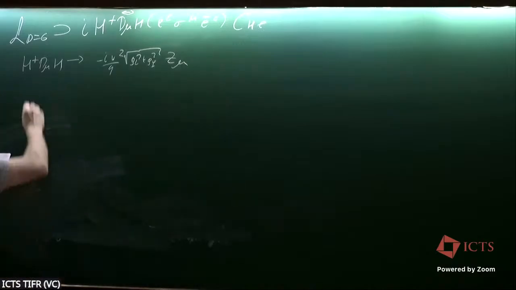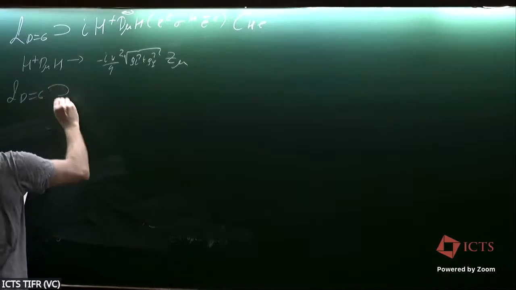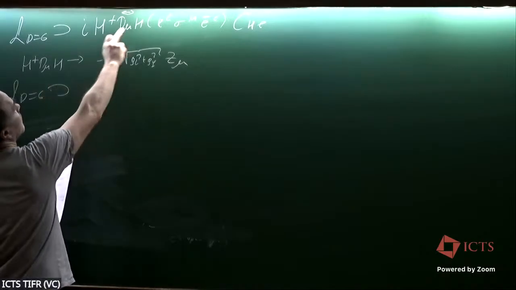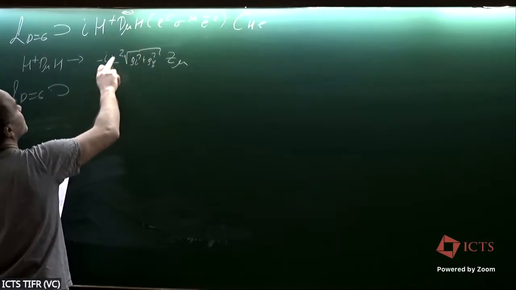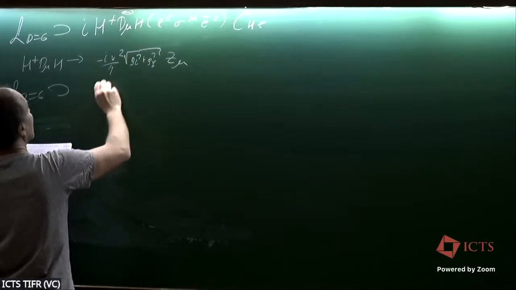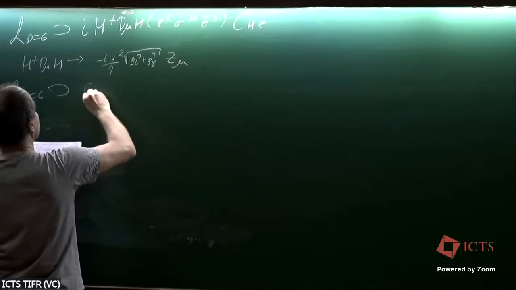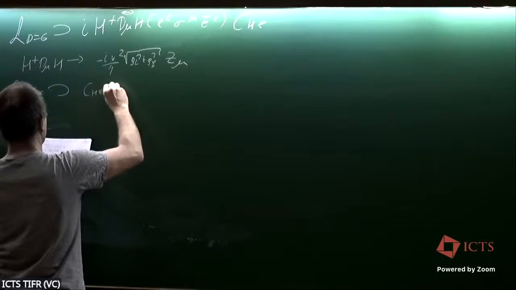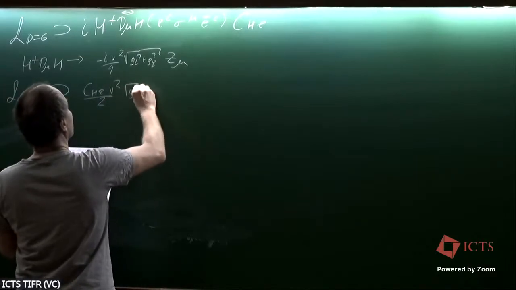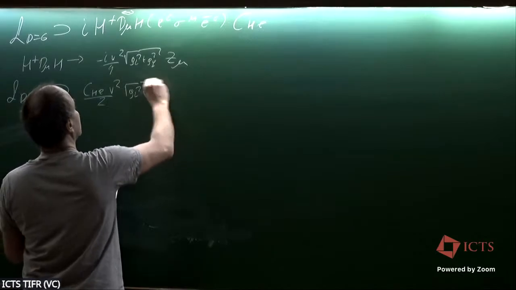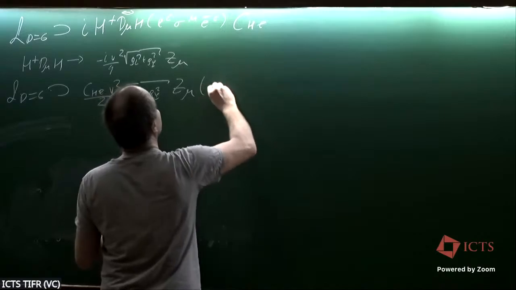So now the dimension 6 Lagrangian will contain this minus its Hermitian conjugate, so it will be twice this. The i's will cancel, and then you have C_H V squared over 2 square root of GL squared plus GY squared Z mu.